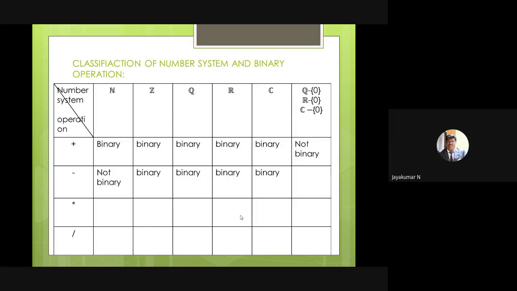For that, you have to think about a number that does not belong to Q minus 0. So first find that number. Which number does not belong to Q minus 0? 0. By using subtraction, try to get 0. Choose two numbers from Q minus 0, then subtract. There is a possibility of getting 0. You have to think like that, and definitely you will get the answer.